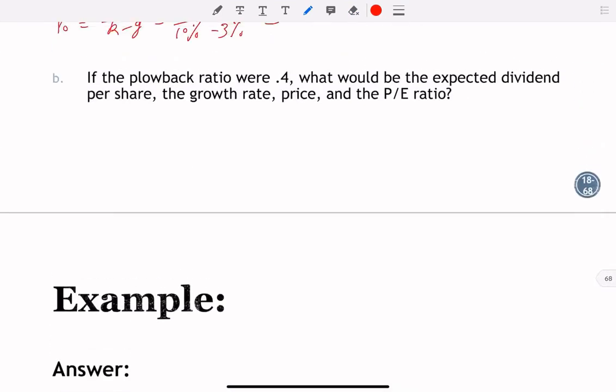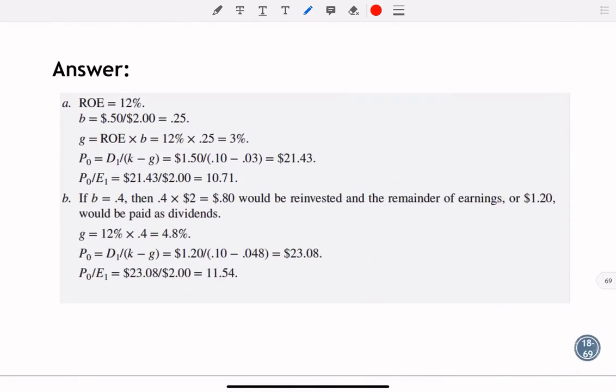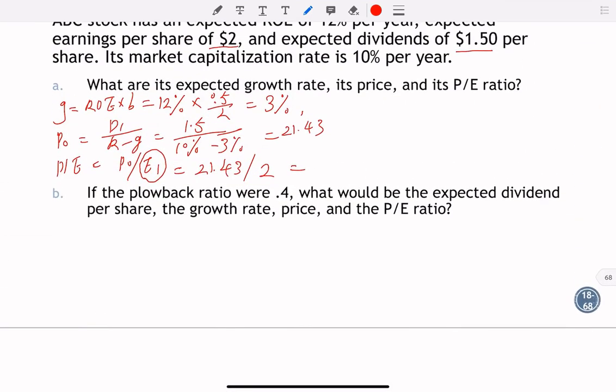It gives us 21.43. Now what's its PE ratio? PE ratio equals P0 divided by E1. Again, you want to use the next period earnings. So P0 is 21.43 divided by earnings. It's 10.71. Okay, great.